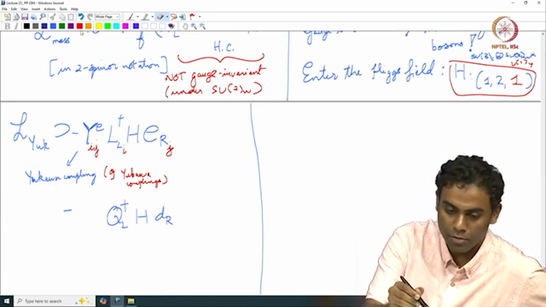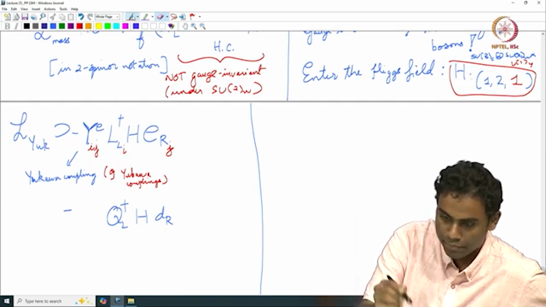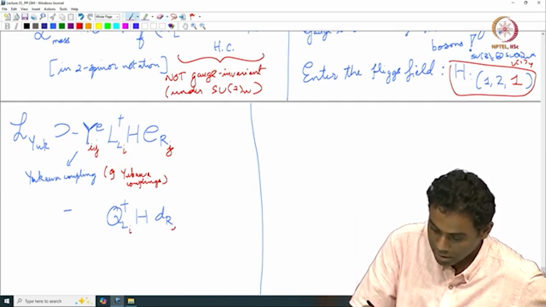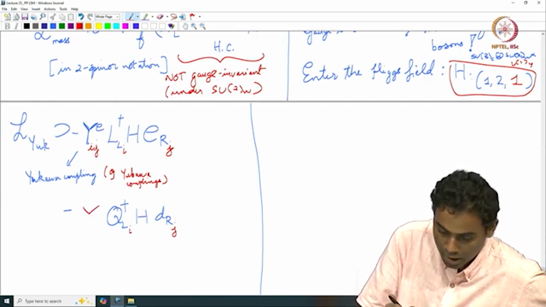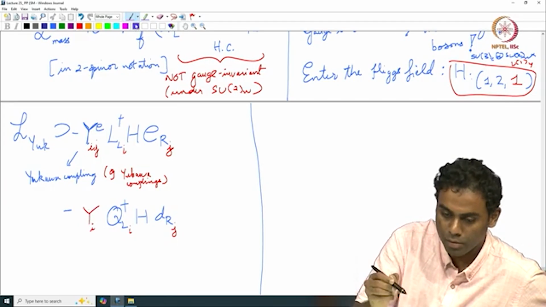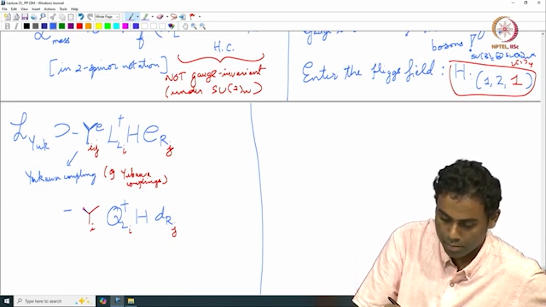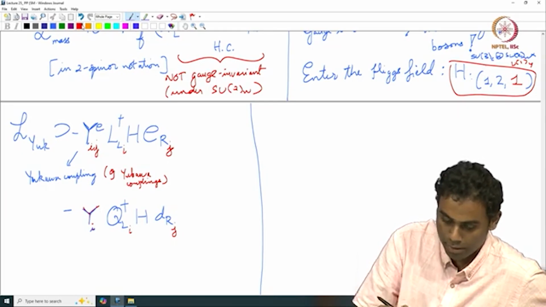Okay. And of course, once again I have to write the flavor indices. So, that is what I am doing here, and let me write that in blue, Yij.